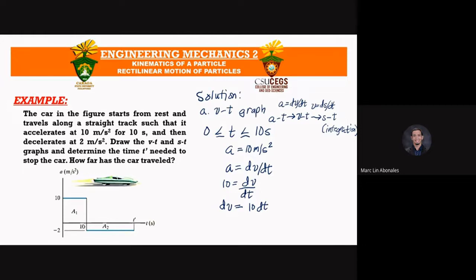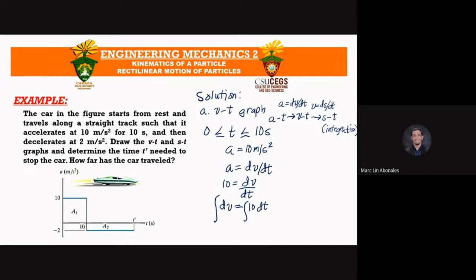When you integrate, it could be either a definite or an indefinite integral. You can use indefinite, which has the plus c, so you need to use the initial conditions. And definite uses the upper and lower limits. For me, I will use definite so that we go straight and do not need to compute the value of the constant c.